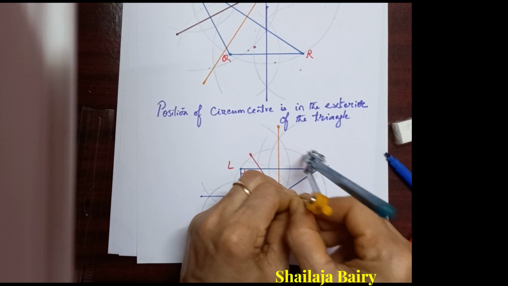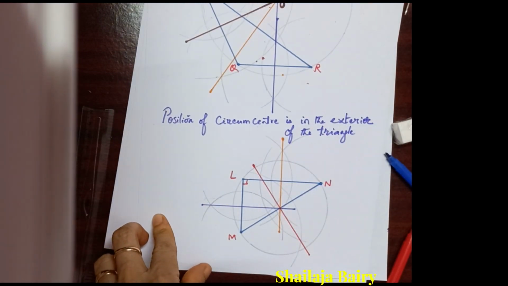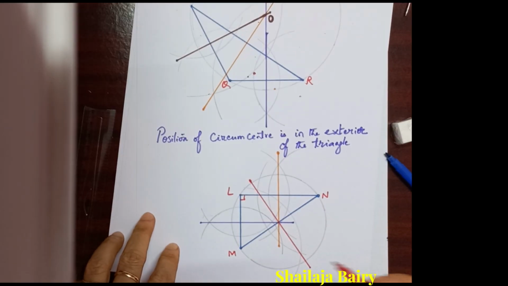Radius is nothing but half of the hypotenuse. So this is how it is. So O is here.